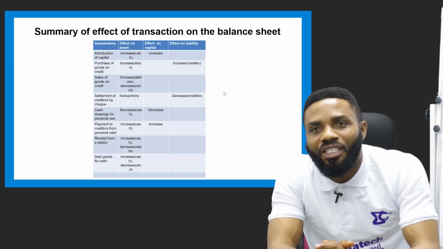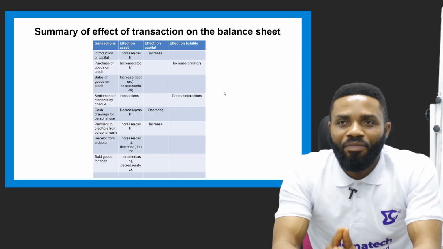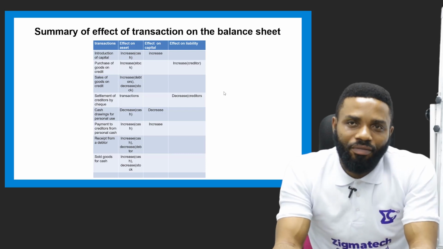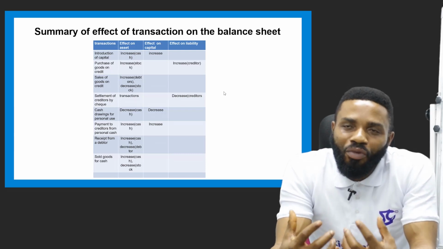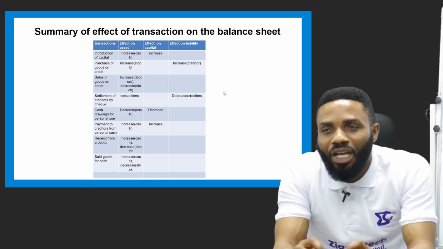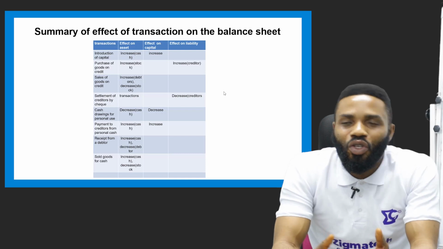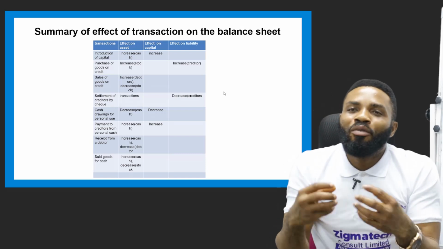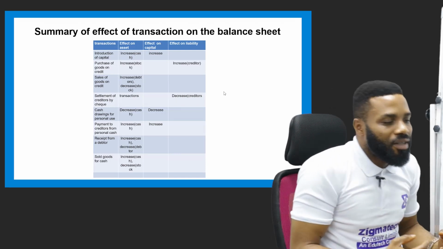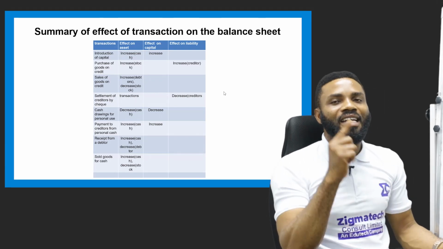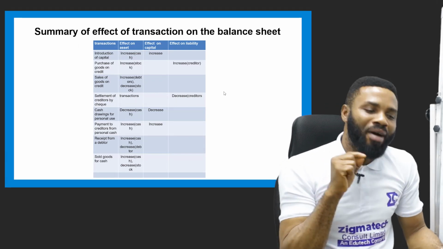Remember from the beginning we said one of our objectives is to understand the summary of the effect of transactions on the balance sheet. And the balance sheet is simply the statement that shows your assets and your liabilities. So to what extent can we say that a transaction affects the balance sheet?